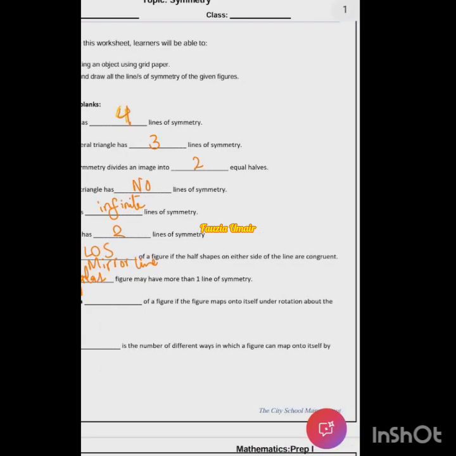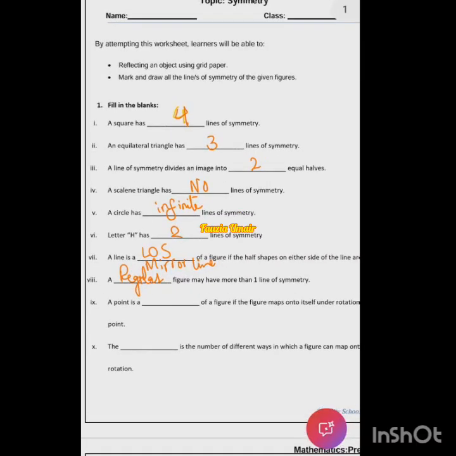So next one: a point is the axis of a figure if the figure maps into itself under the rotation about the point. Axis, or rotational axis.